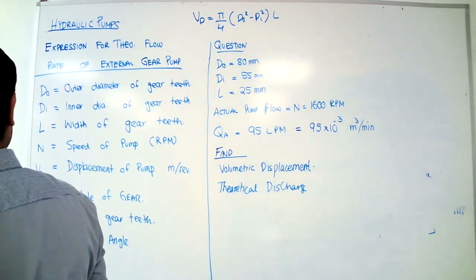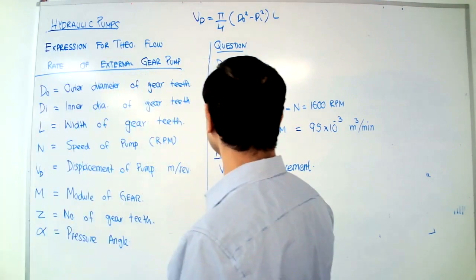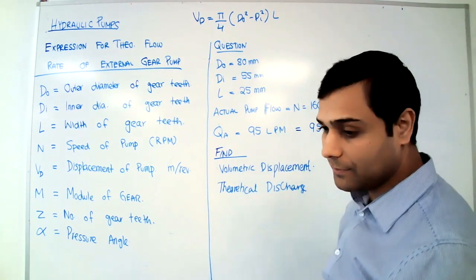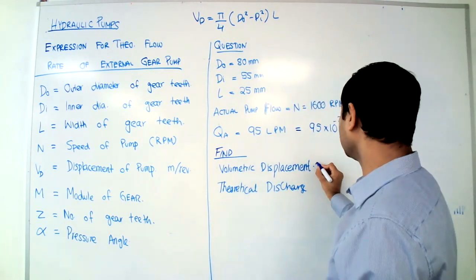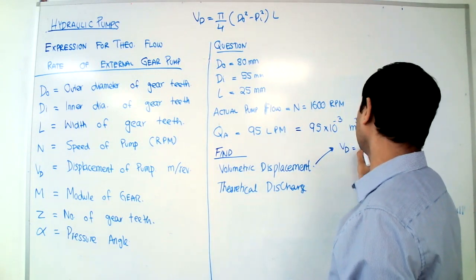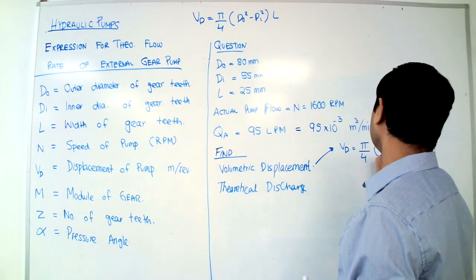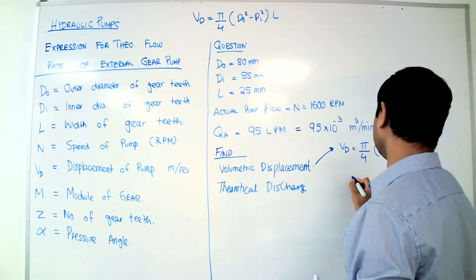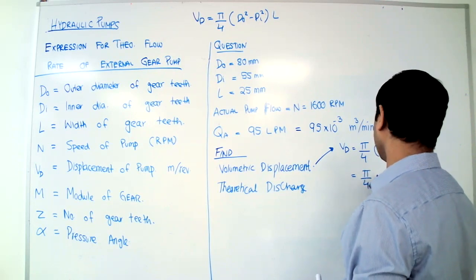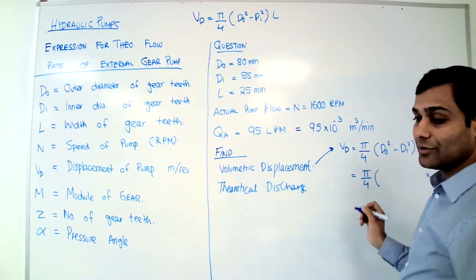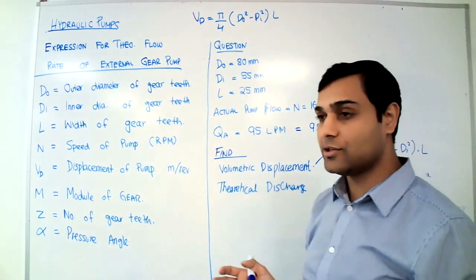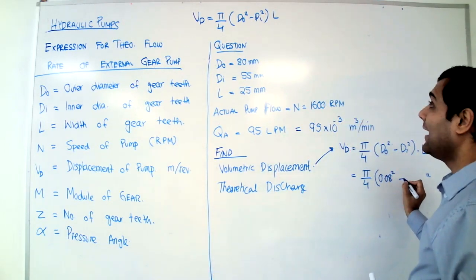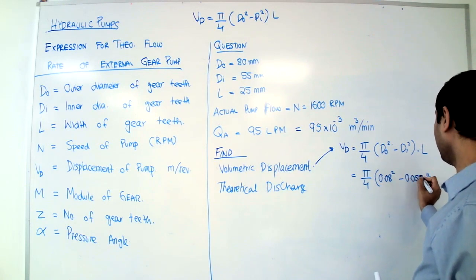Now you need to find me the VD, displacement of the pump. We got the formula all the way up here. Let's use this formula: VD equals pi over 4 (d naught squared minus di squared) times L. So pi over 4, d naught is 80 times 10 to the minus 3, so that will be 0.08, and that one is 0.055.